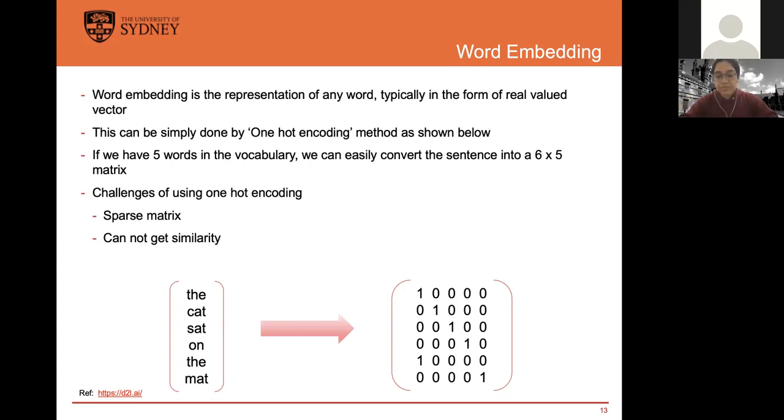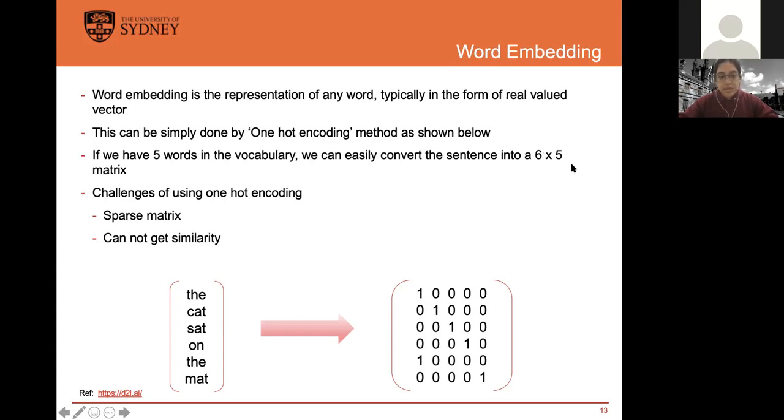So it will be a very big sparse matrix, which is not desirable. Also, if you want to find any similarity between words, you won't be able to with these vectors. If you calculate any similarity, like a dot product, it will always be zero.